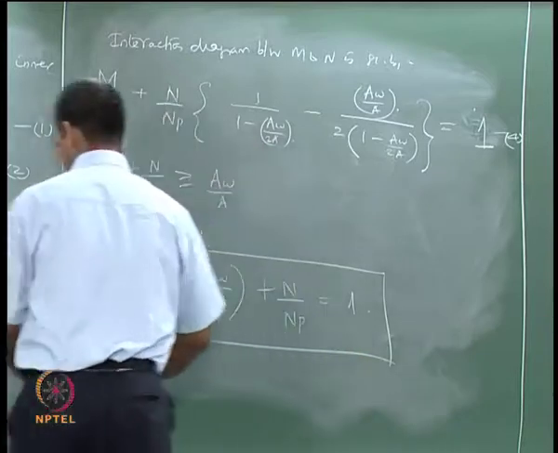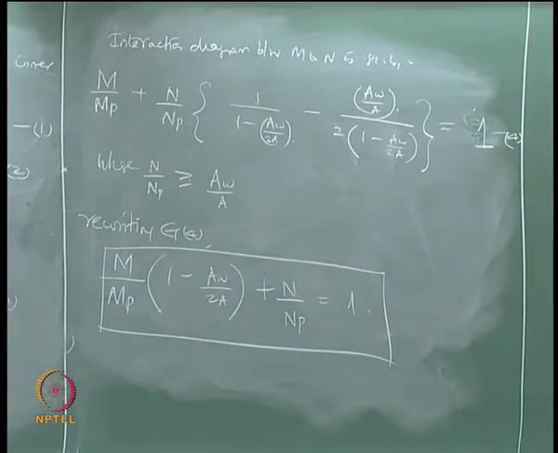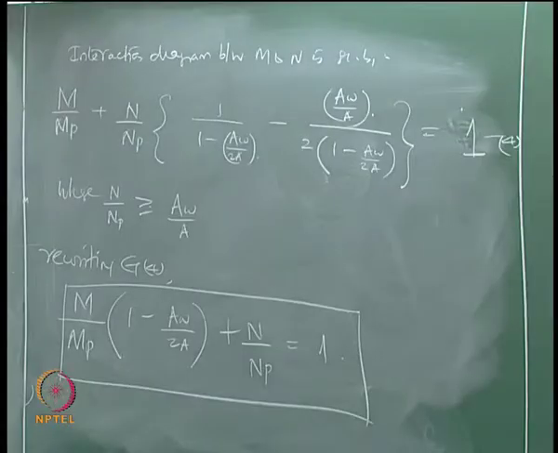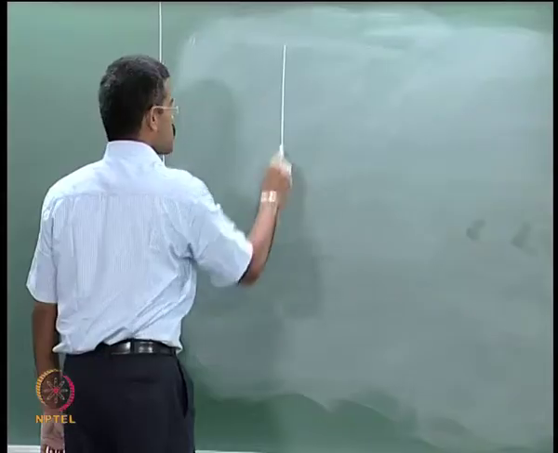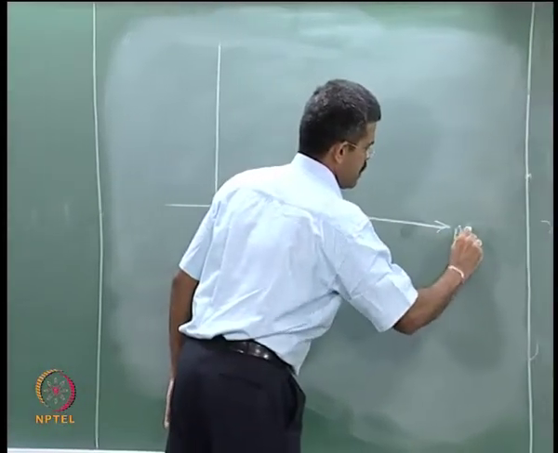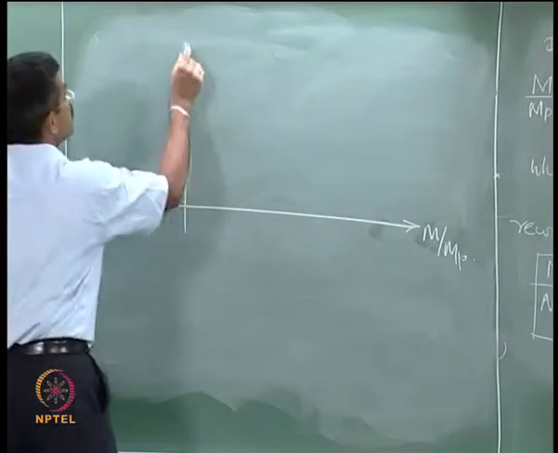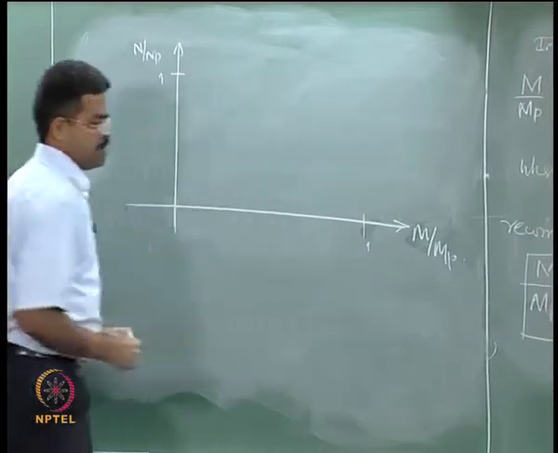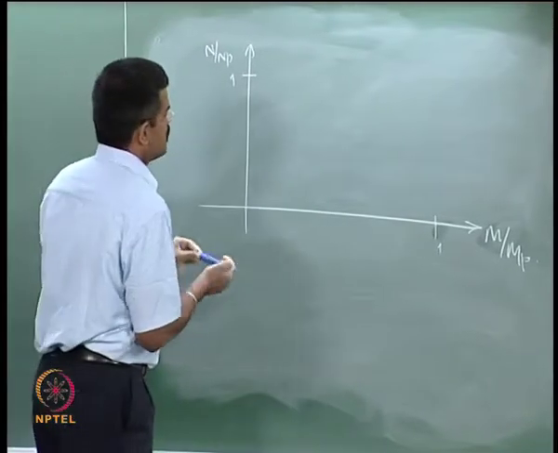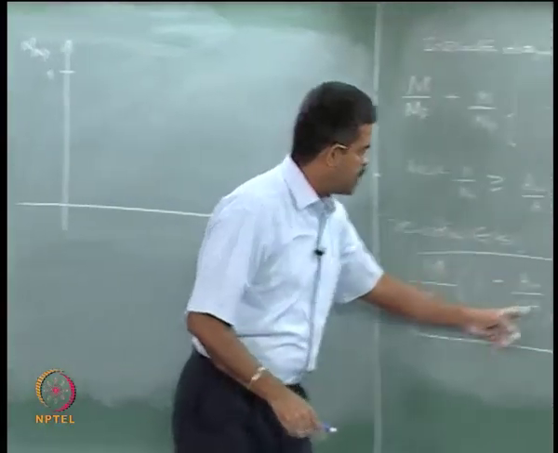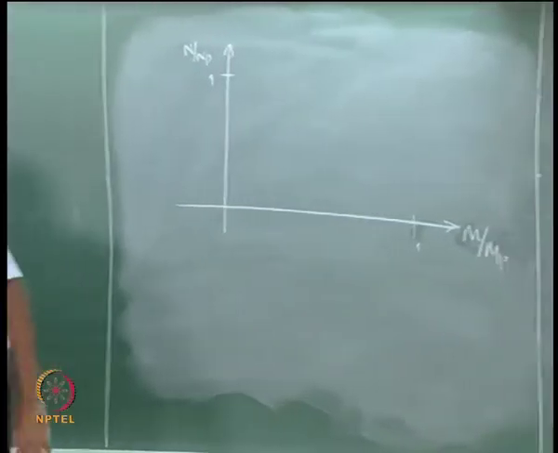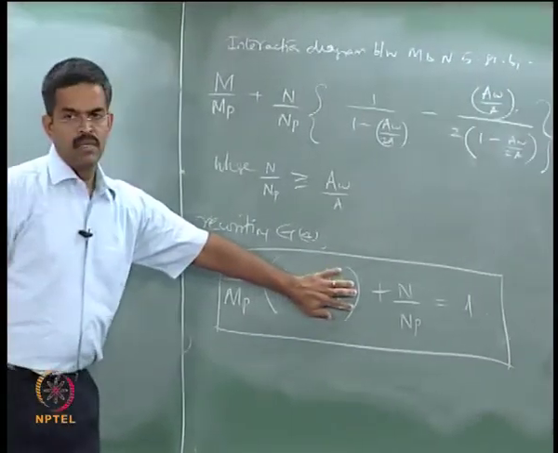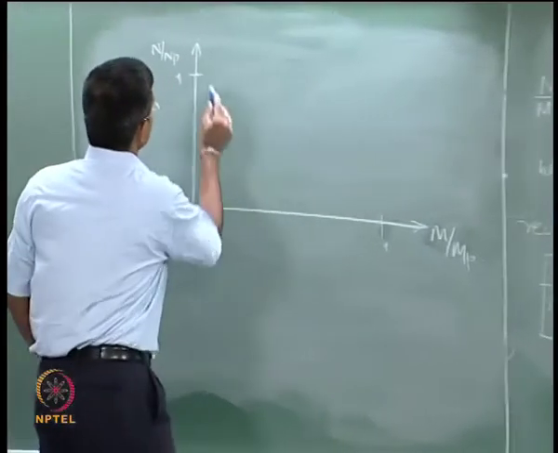I will plot this, then we will stop here. If you try to plot this, the interaction diagram looks like this. This is my M by MP, this is my N by NP, this is my value at 1 and 1. So obviously when AW by A is 0, this becomes a linear curve, so it gets a straight line.